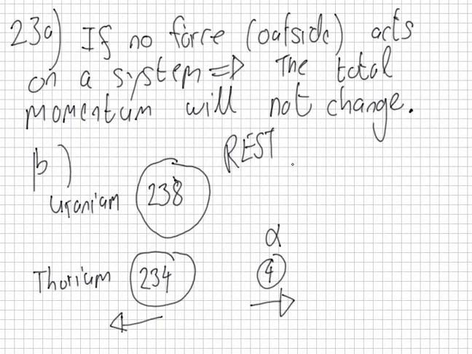So, why do you think most of the kinetic energy is in the alpha particle instead of the thorium particle? Or another way of saying it, why does the thorium have very little kinetic energy? Because it's the result.